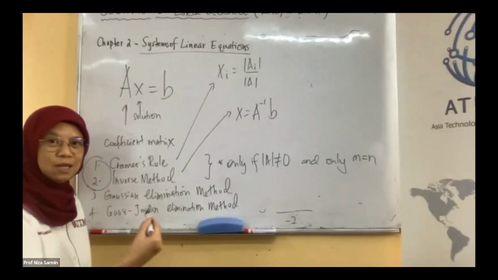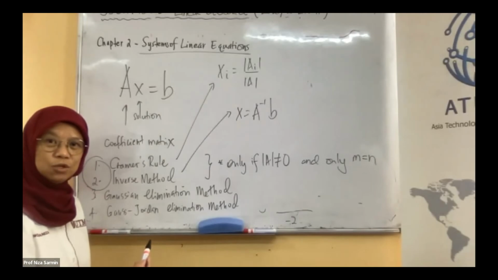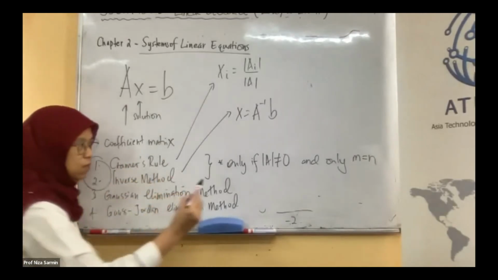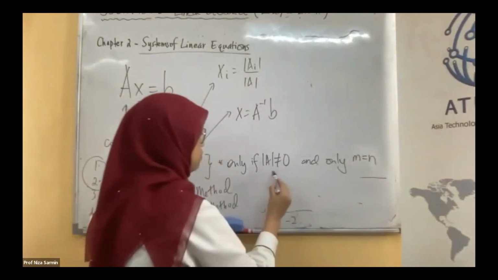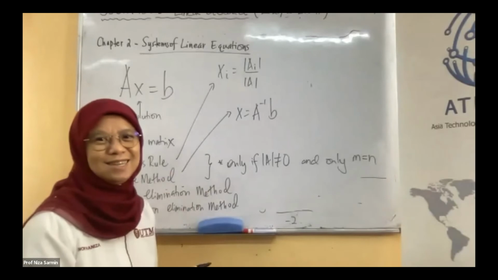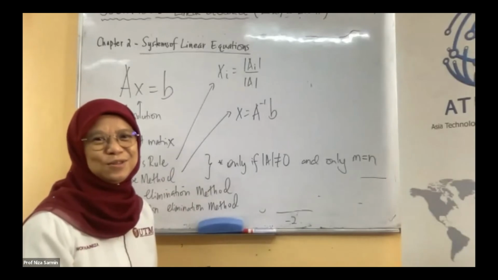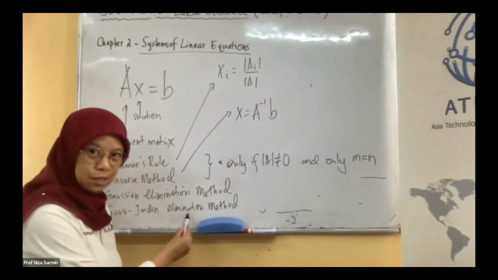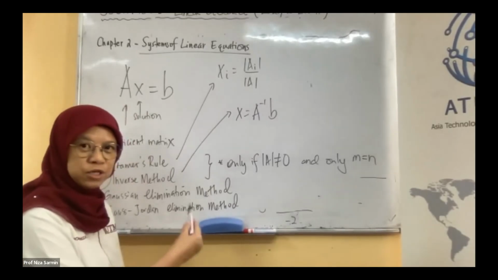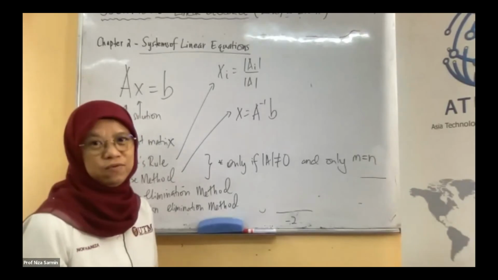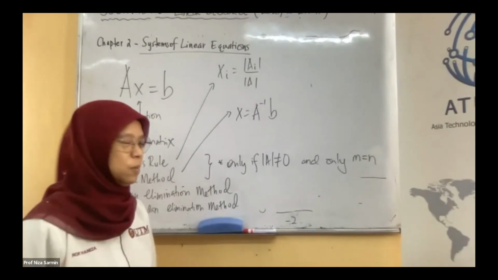M is less than N and M is bigger than N. So these two cannot be used. Even if M is N, but if the determinant is 0, still cannot be used. So the safest way is to use this one. If the question is not given which one to use, normally we will give, otherwise you will use so many.